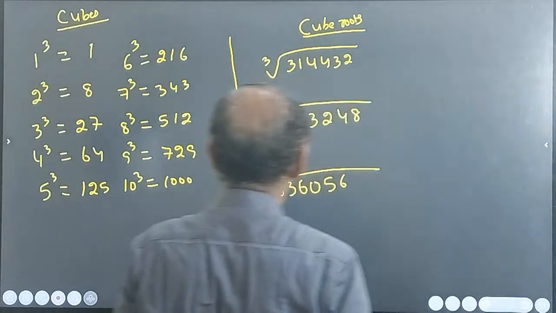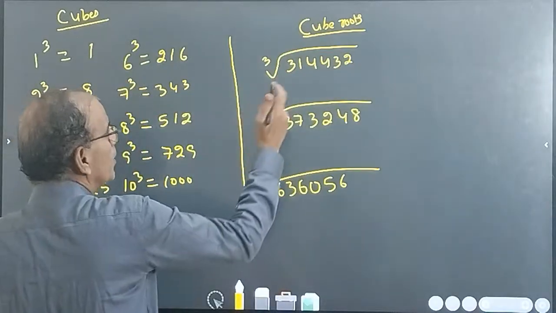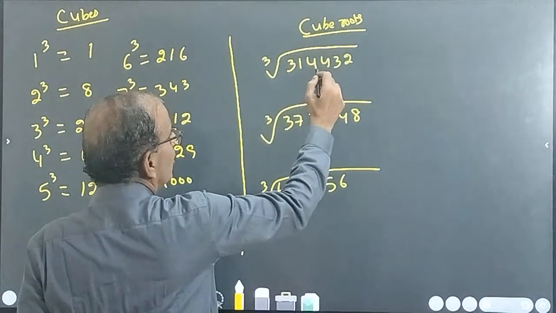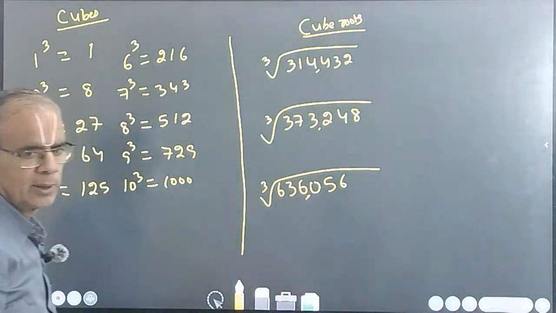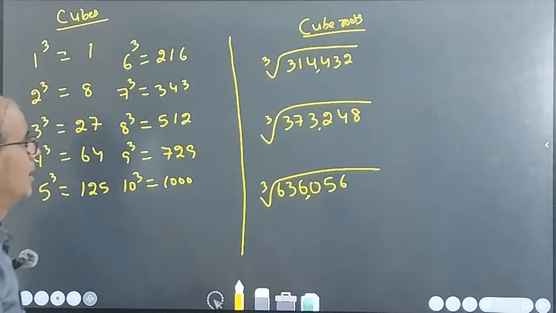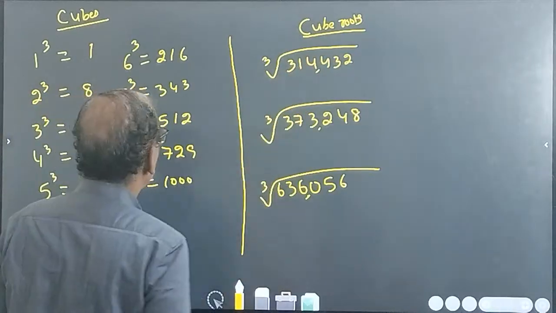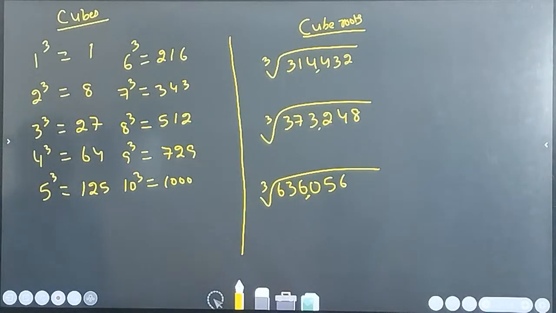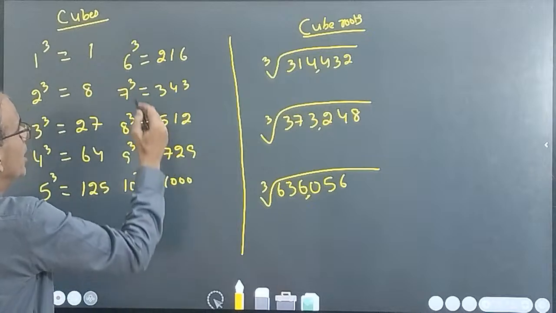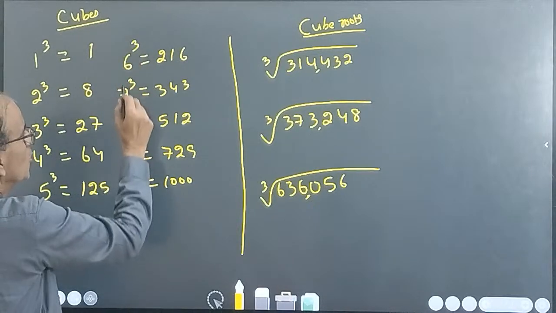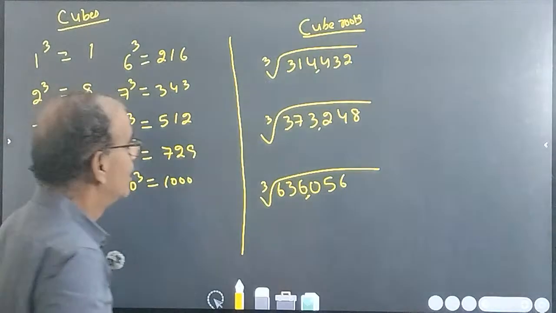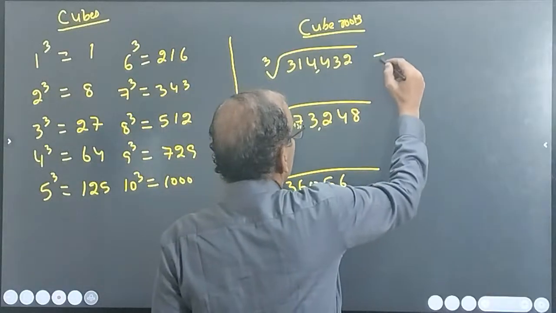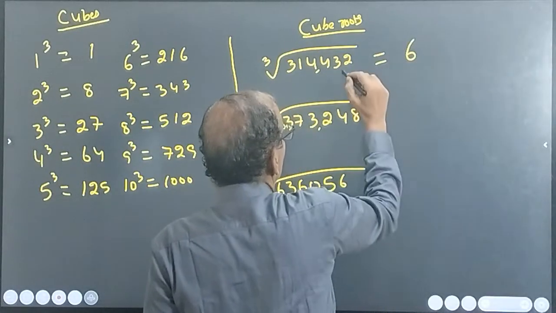How we can easily find out? Cube root means from right side you push 3 digits, 3 digits, 3 digits. Then this come to 314. Where is that 314? It is between 6 cube and 7 cube. 6 cube, 7 cube நடுவுல இருக்கு. அப்ப first you write the number 6.